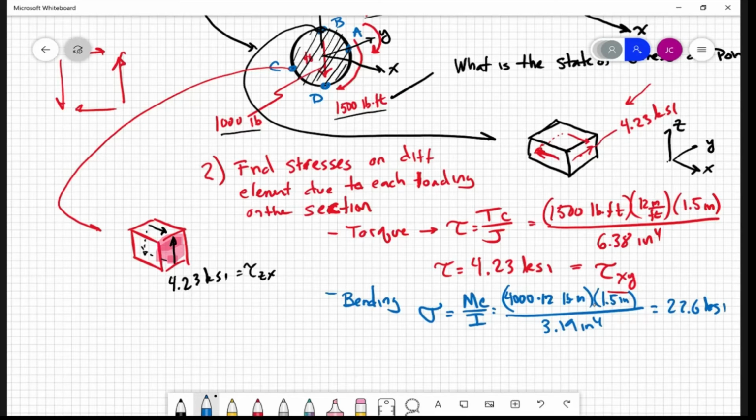There is no stress due to bending at the neutral axis, right? So it vanishes here. So at point B, we get a normal stress component in tension, all right? And so that's what's coming out here.